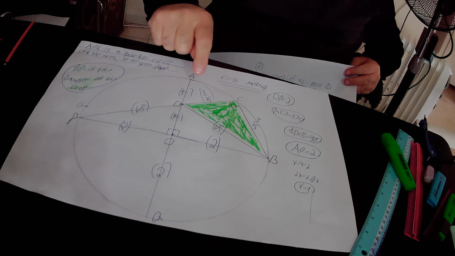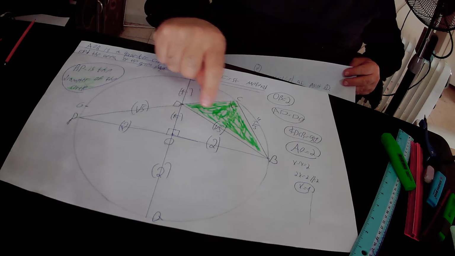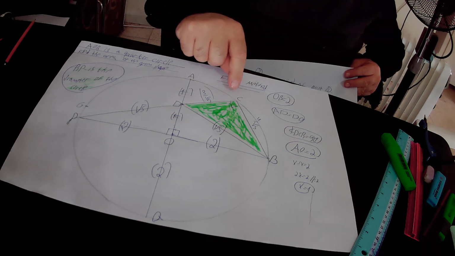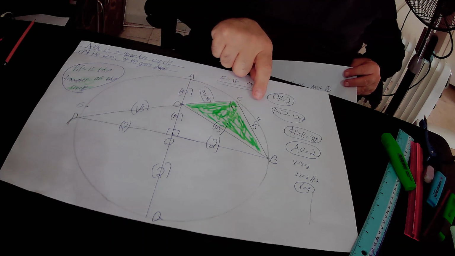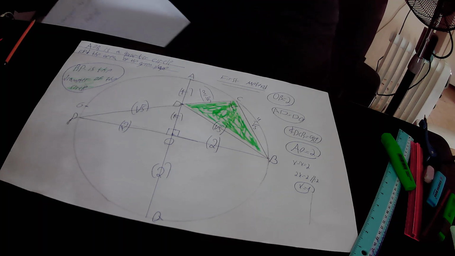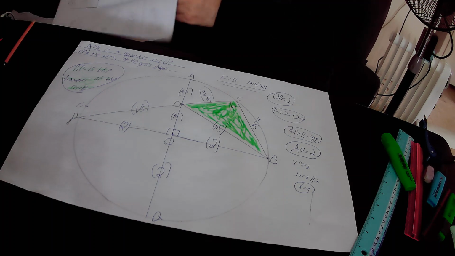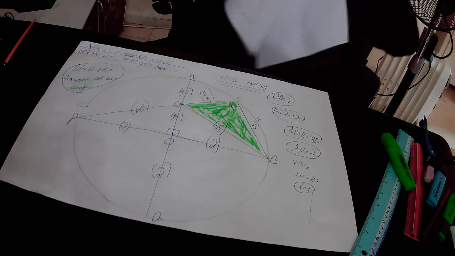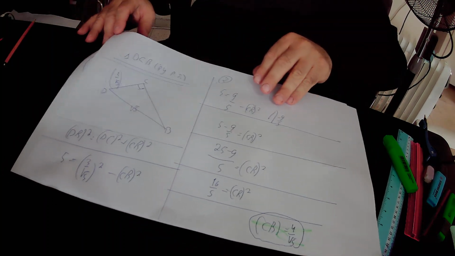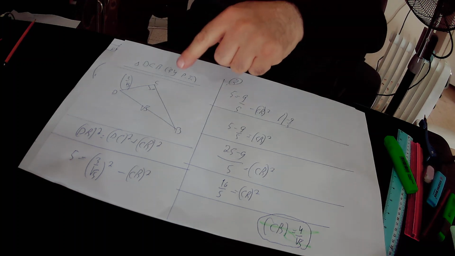In the next step, I copied this right green triangle CDB to a new page, and implemented the Pythagoras theorem in this right green triangle CDB in order to find the missing side CB. So this is the right triangle DCB.